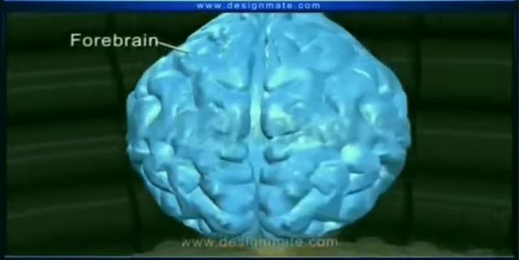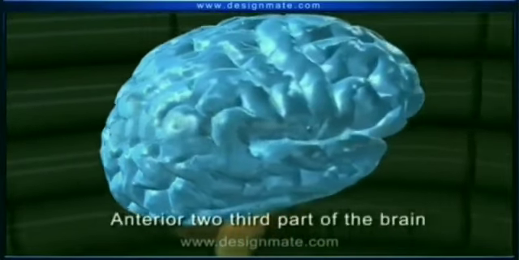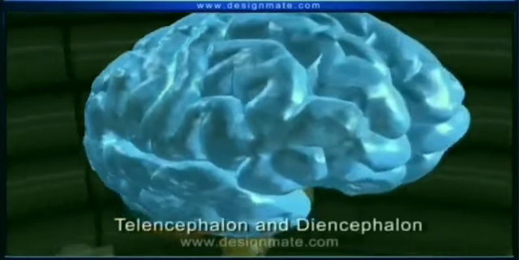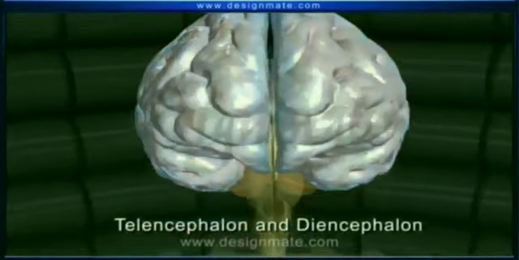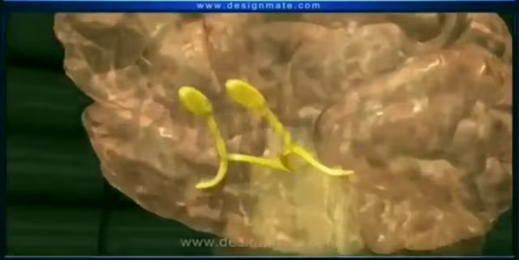Forebrain or prosencephalon consists of the olfactory lobe, that is rhinencephalon, cerebrum, that is telencephalon, and diencephalon. First we'll talk about rhinencephalon.